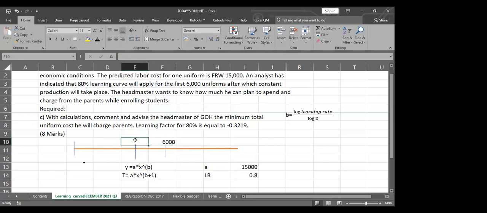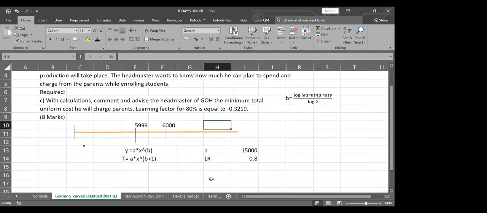So it means the learning stops after producing the 5,999th unit, on the 6,000th unit.